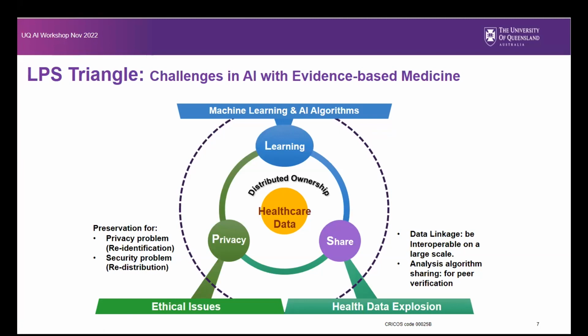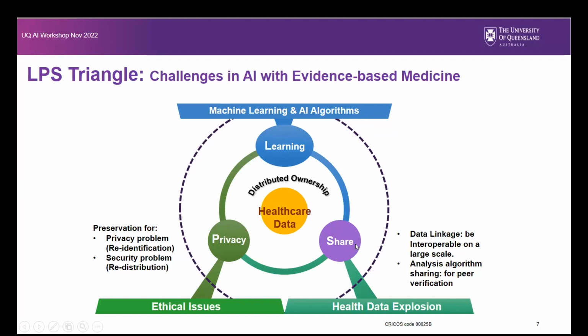If you look at this triangle, any two of them is probably okay. You can combine two parts and find solutions for that. But so far, we haven't seen any algorithm that can deal with all three of those things together. And that is the challenge we are facing.